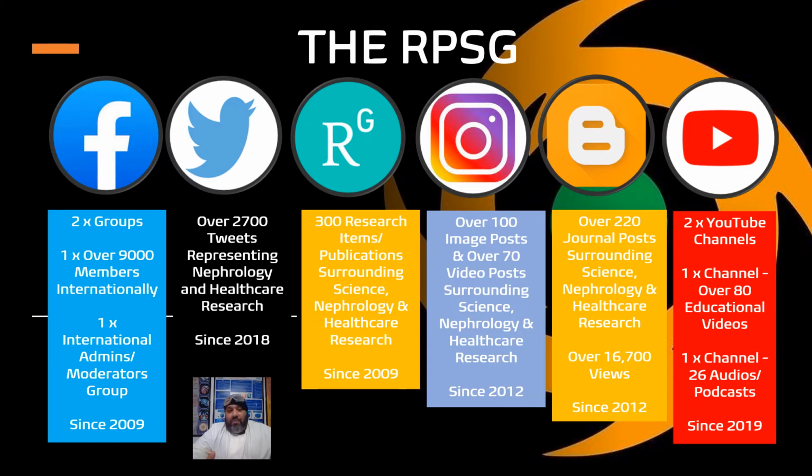The main Facebook group page was implemented in 2009. The admins and moderators Facebook page group was implemented perhaps in 2010 or 2011. The Twitter page has been implemented since 2018. The ResearchGate page has been implemented since 2009.